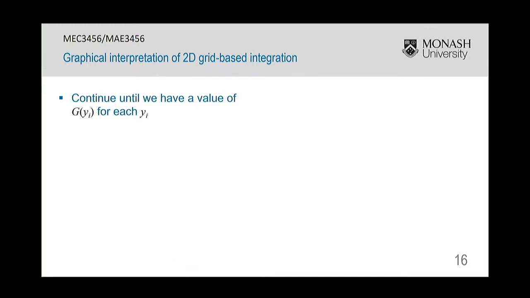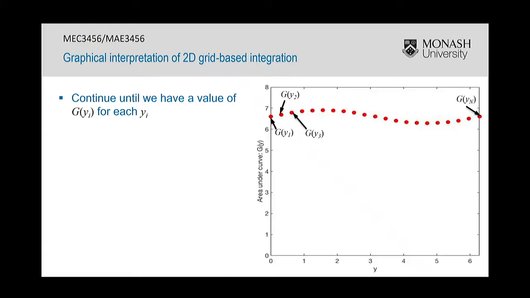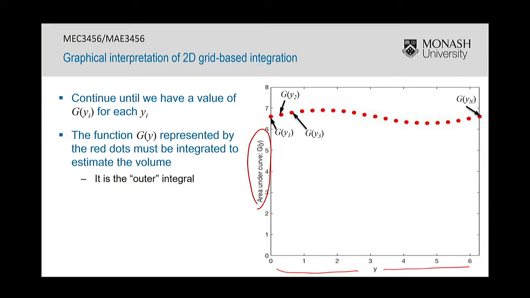We continue doing this process until we have a value of g for each value of yi that we choose to use. And this is what it looks like. If we plot our function g of y, which is the two-dimensional area under that strip, as a function of y, we'll end up with some set of points that looks like those red points there. So g of y is represented, at least approximately, by the red dots.